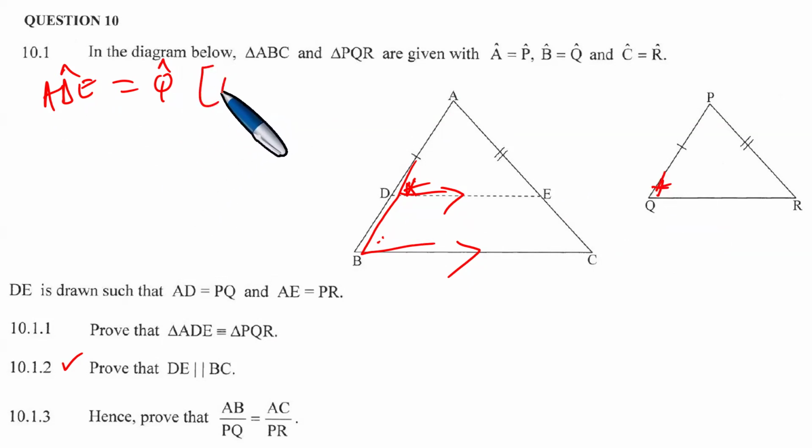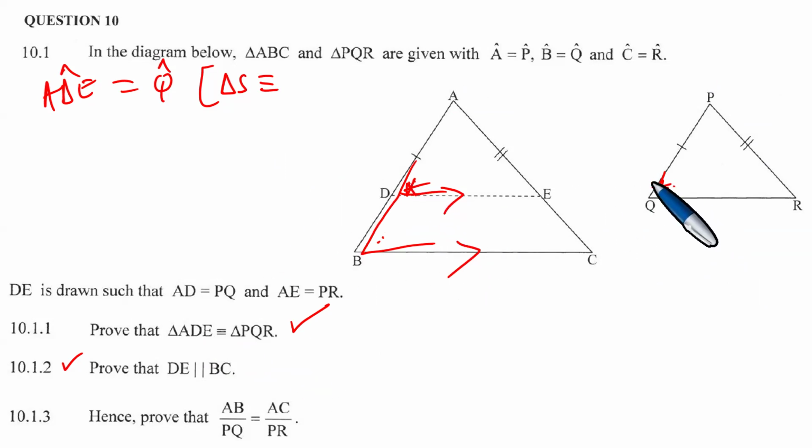Which means that triangles that are congruent, well, because we know that this triangle ADE is congruent to triangle PQR. So if triangle ADE is congruent to triangle PQR, right, we can therefore say the corresponding angles are equal.